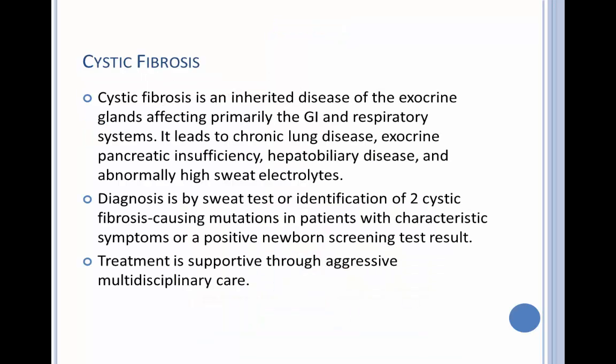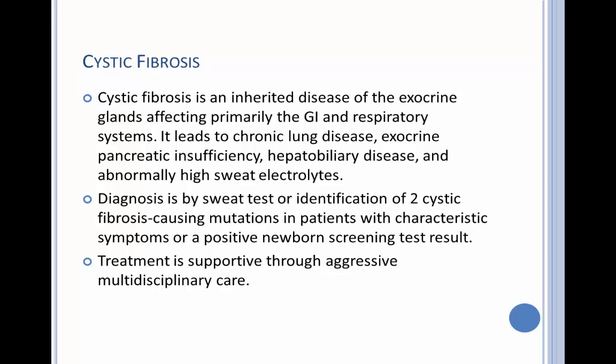Now let's talk a little bit about cystic fibrosis. It's an inherited disease of the exocrine glands, affecting primarily the GI and respiratory system. The etiology is an autosomal recessive trait. The responsible gene is on chromosome 7 and encodes the membrane-associated protein called the cystic fibrosis transmembrane conductance regulator, or CFTR.